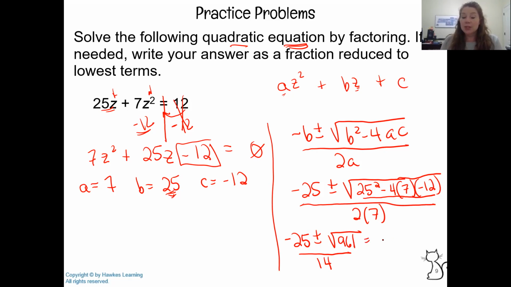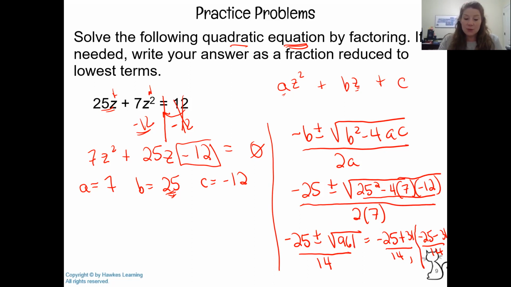So I'm going to do -25 plus 31 divided by 14, and then I'm going to do -25 minus 31 over 14. These are two separate answers.